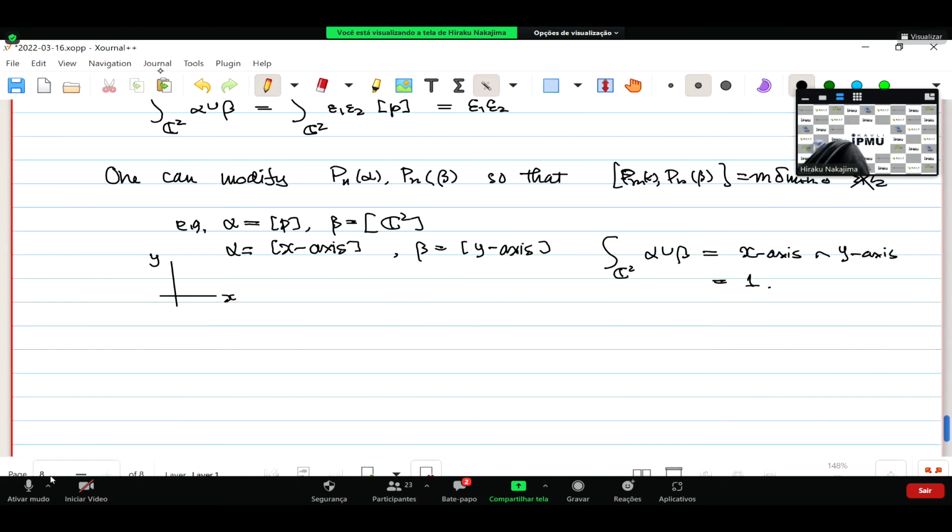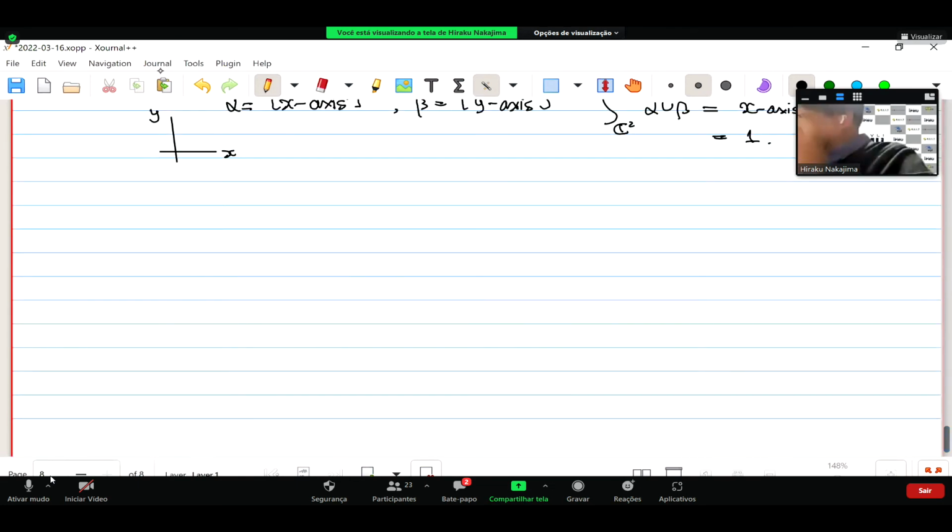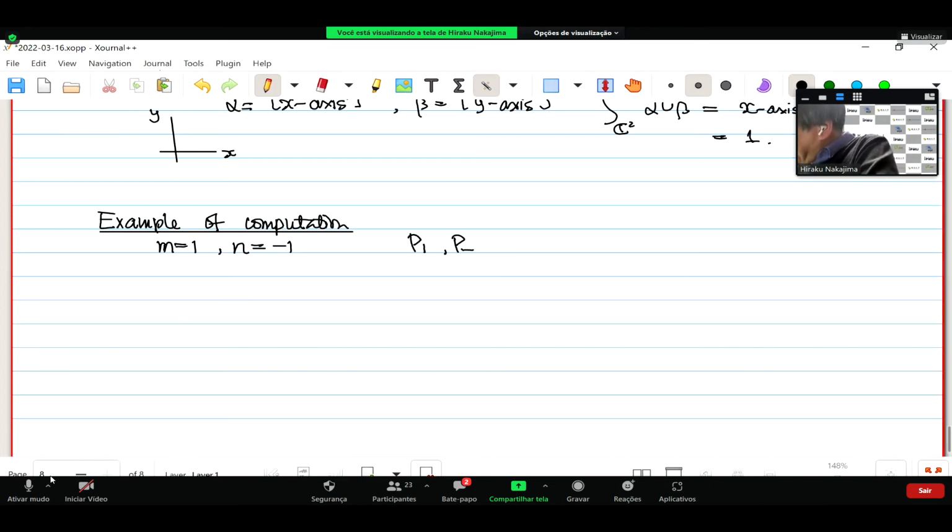But at least I just want to explain some computation. So I consider the m equal 1 and n equal -1 case. So P1 and P minus 1 commutator is 1.